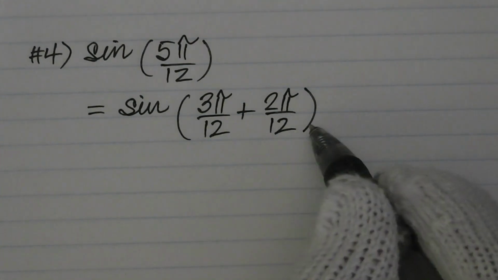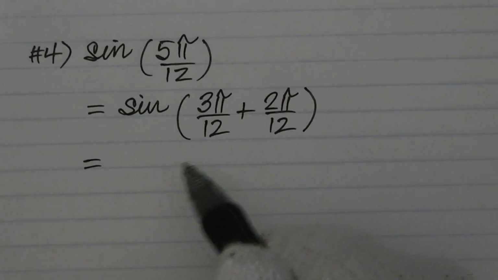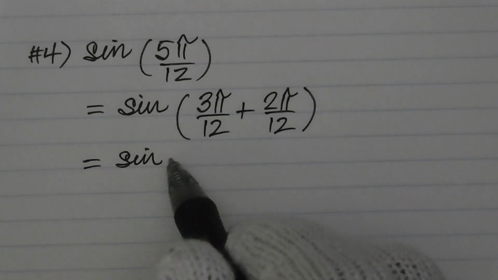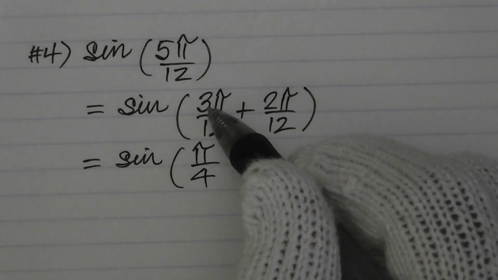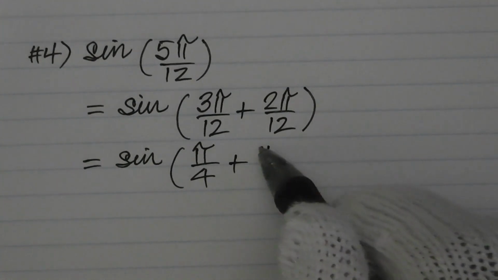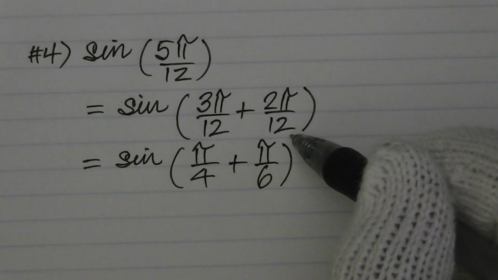As long as these two add up to 5 pi over 12, you should be okay. The next thing we're going to do is clean this up. So 3 pi over 12 is the same as pi over 4. 3 divides into 3 and divides into 12. 2 pi over 12 is the same as pi over 6. 2 divides into 2 and it divides into 12.